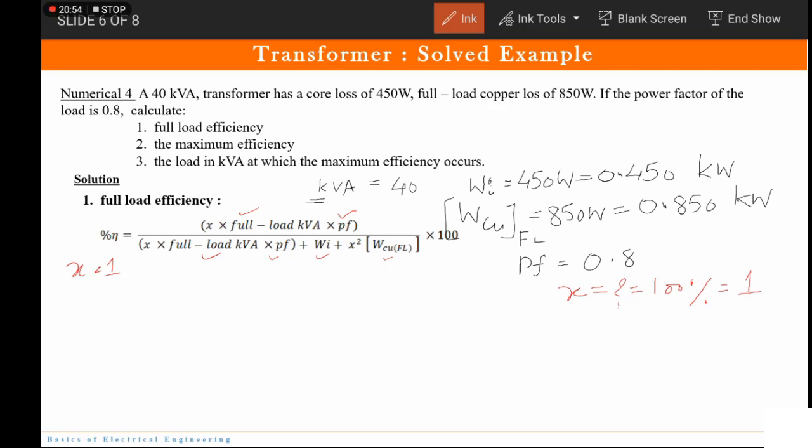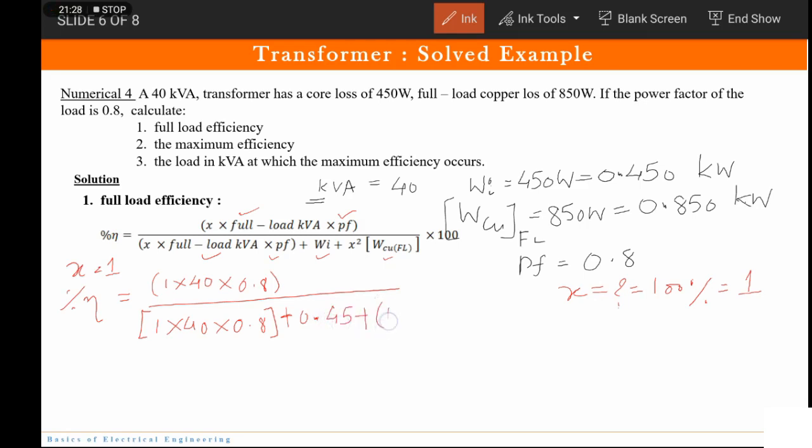Now we shall put the values. So the percentage efficiency becomes 1 into full load kVA 40 into power factor 0.8, divided by 1 into 40 into 0.8 plus 0.45 plus 1 whole square, because X is 1, into the full load copper loss, which is now 0.850.